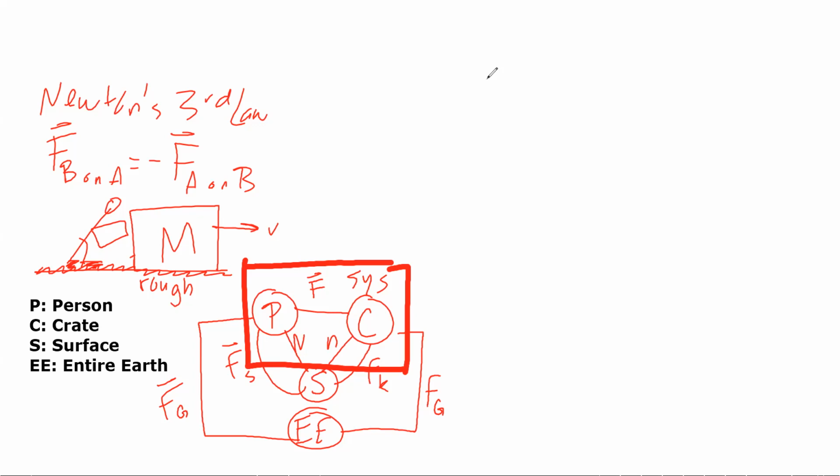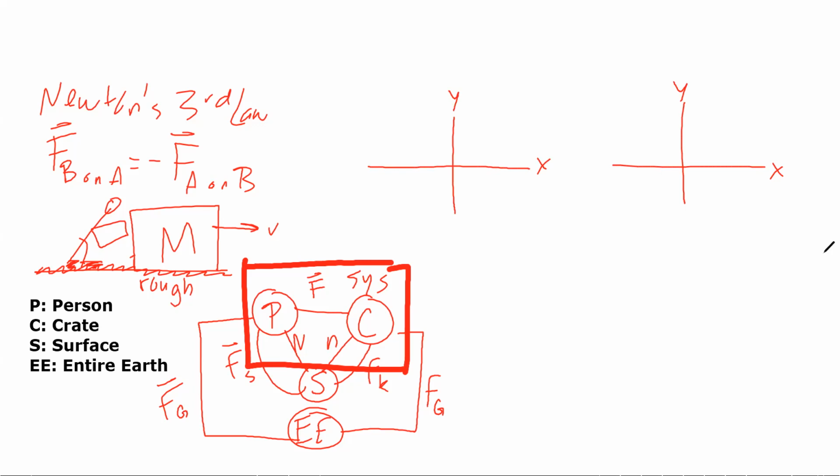You want to draw the free body diagrams in relative proximity to each other, in the same way that you would see the particles in the picture. And start with the one that makes the most sense to start with. I think the crate is the easier one to start with.